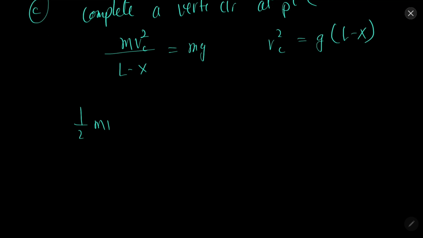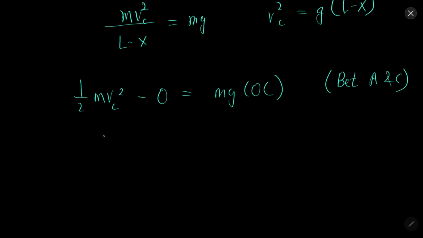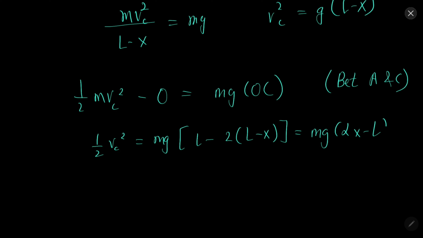So again half m vC square minus 0 equal to mg OC between A and C. Half vC square equals g(L minus 2(L minus x)), that is g(2x minus L).